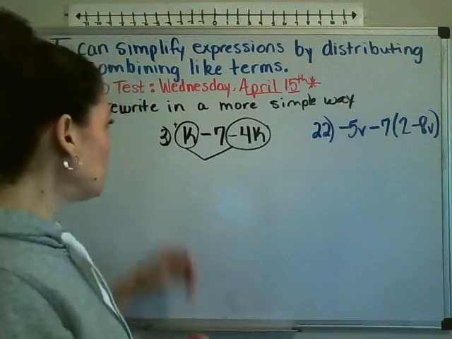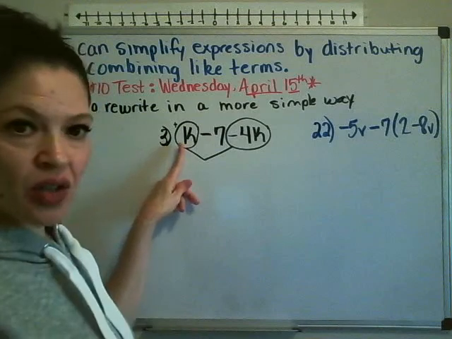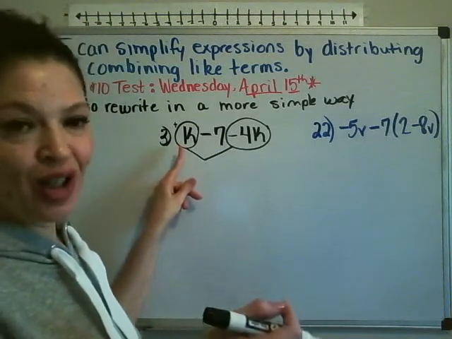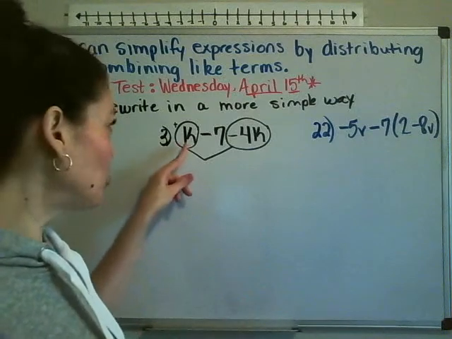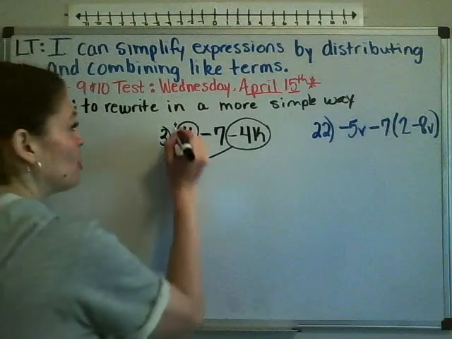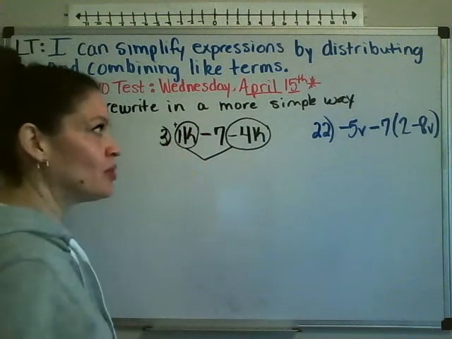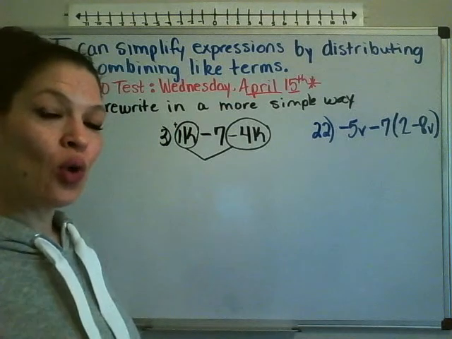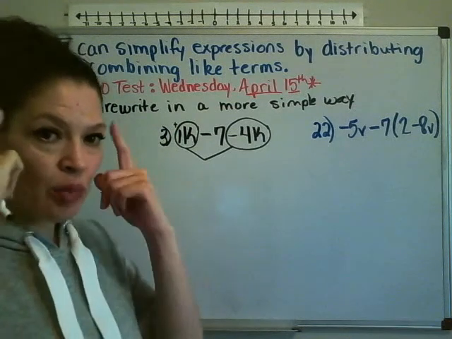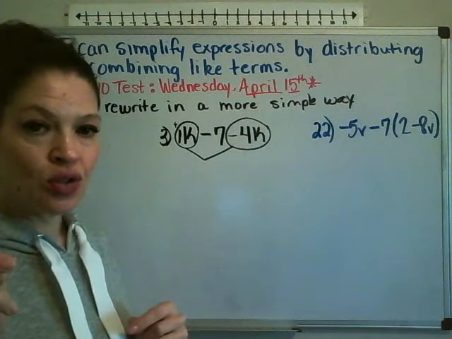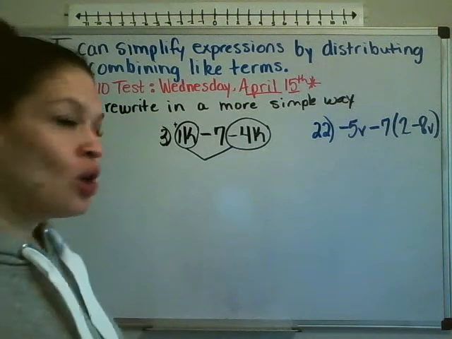All right, if this throws you off because it has no number, here's another piece that you have to remember and recall, and that is that if a variable doesn't have a coefficient, we assume that there is an invisible one. Okay? Now, go back to Unit 7 and let's remember our integer rules.